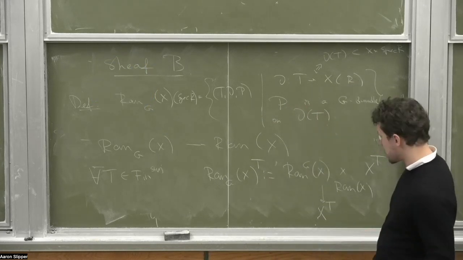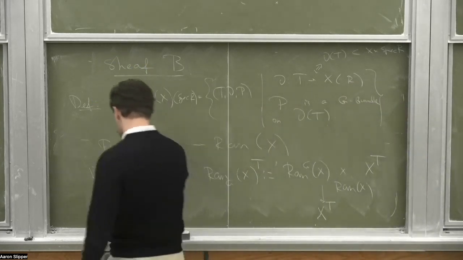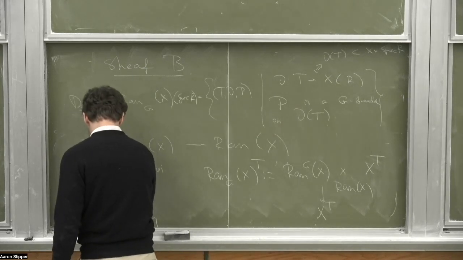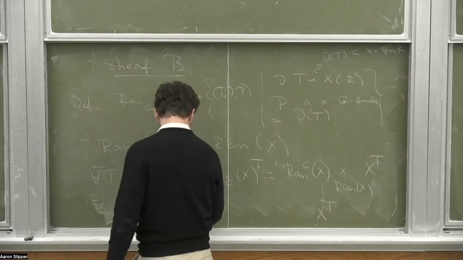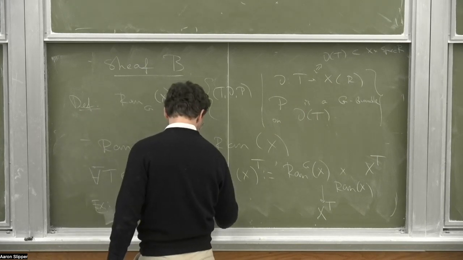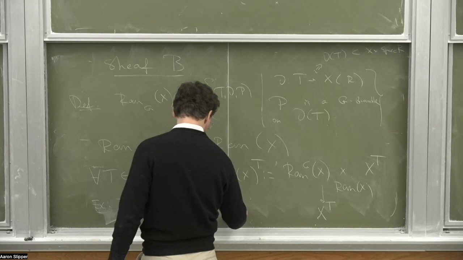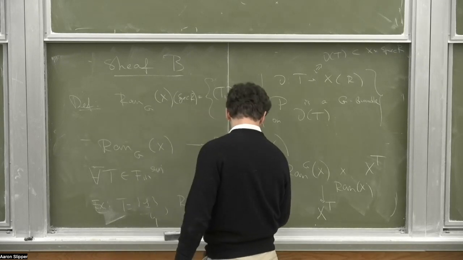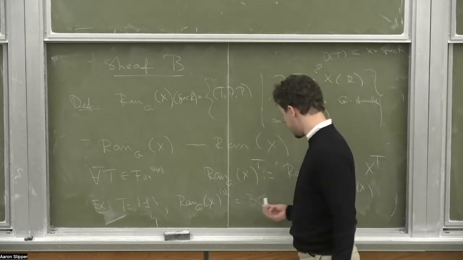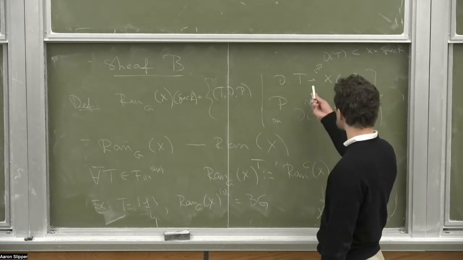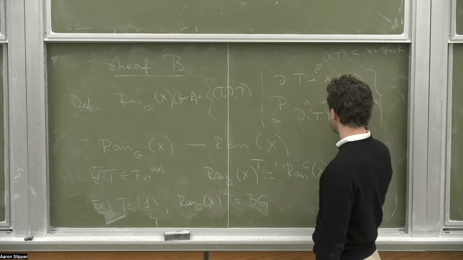And so for instance, if it's just a 1 point set, then run g x 1 would be just the classifying stack of g, because the factor of points of the thing is going to be just point facts of R and each bundle.